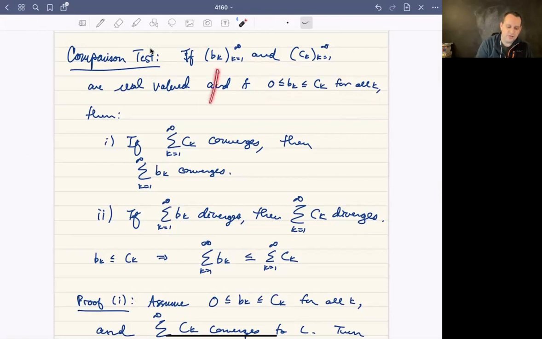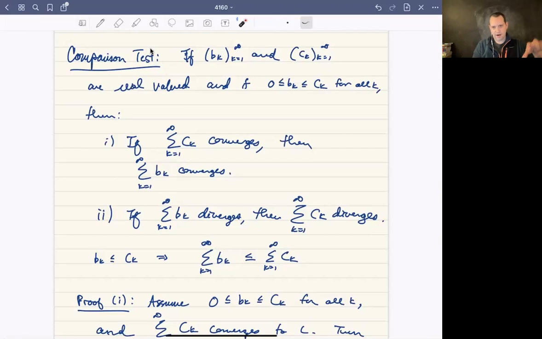Well, then both of these statements are going to be true, right? If this sum of c sub k converges, then so does the sum of b sub k. And the way that you know that, if this is true only for k at least 100, is that you first just take the first 100 terms and put them in a pile, and then you apply the convergence theorem to the rest, the terms that are 100 or greater, and then everything works fine for those terms.